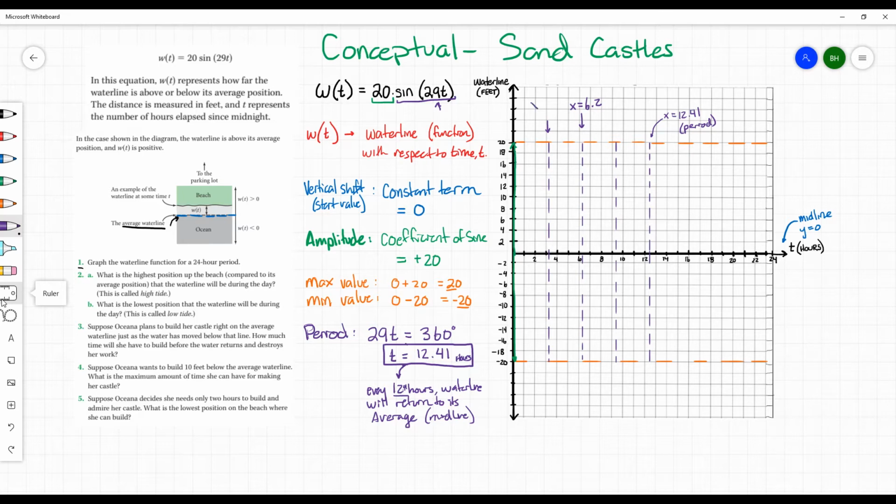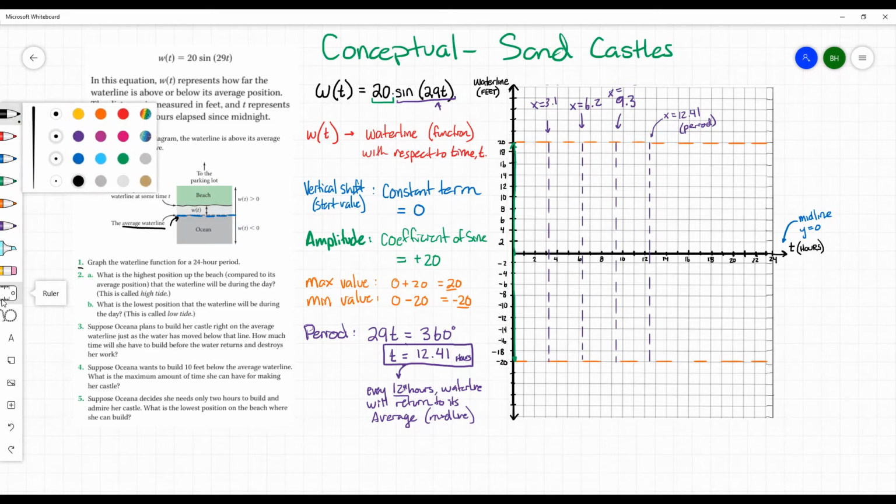And then half of that is 3.1. And then over here, we're going to kind of do the same thing. We end up with around x equals 9.3. Okay, so I just try to divide it into 4 equal sections. So you'll see 1 section, 2 sections, 3 sections, 4 sections. And we're going to use these different regions of the graph to help us sketch out this image of this function.